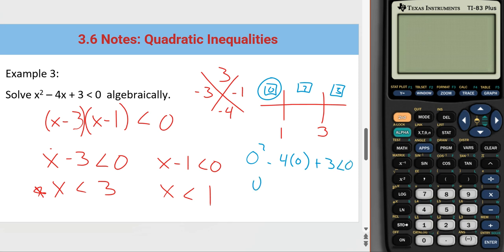So this is 0 minus 0 plus 3 is less than 0. That is not a true statement. So I know that this is not true, so this middle part has to be what I'm looking for. So I know that x is going to be between the 1 and the 3.